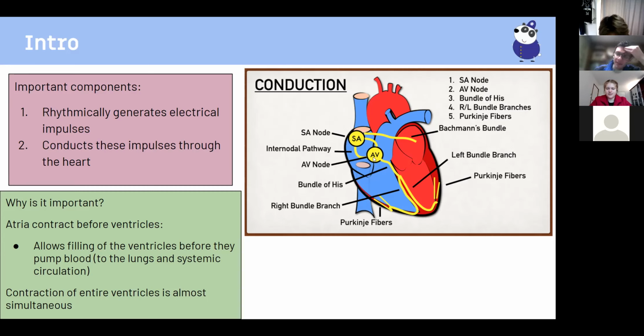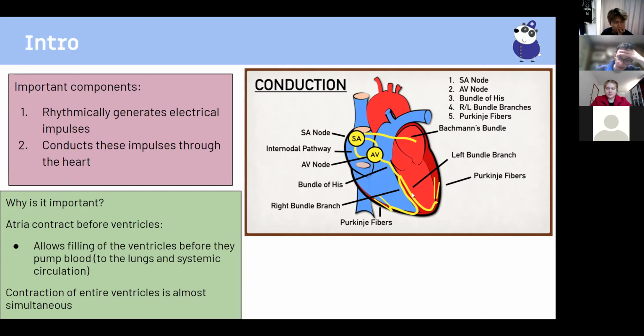It has relatively few gap junctions, so there's greater resistance to conductance, and essentially the electrical signal is buffered here. So the atria are going to contract, the electrical signal will be buffered, blood will fill in this ventricle, then the electrical signal will shoot out to these Purkinje fibers.